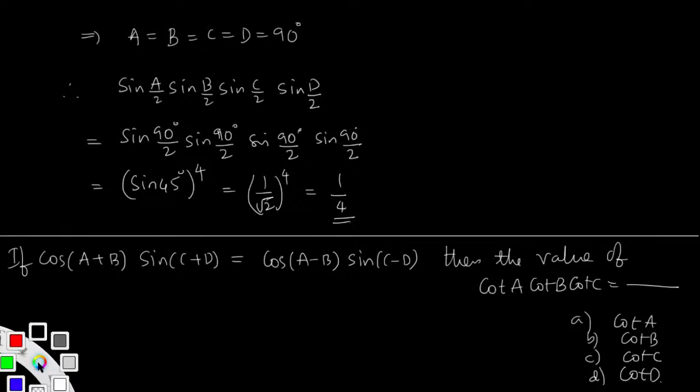So the values can be transformed into like terms. Cos of A plus B, I am writing this term down, that is cos of A minus B, I am writing.